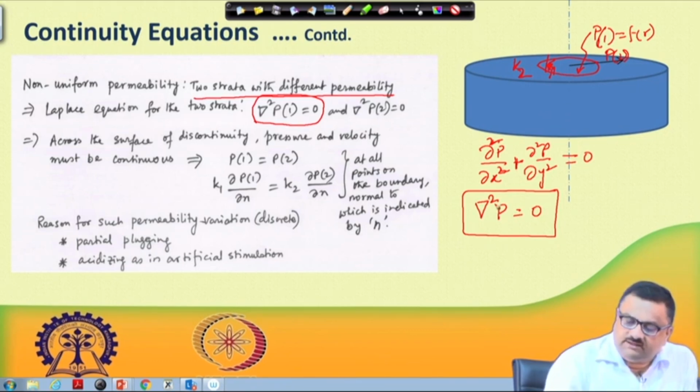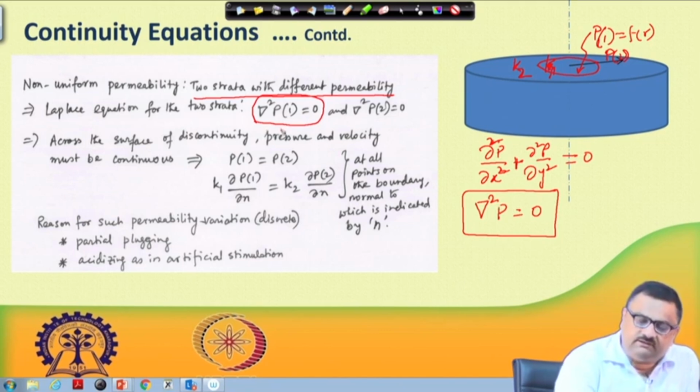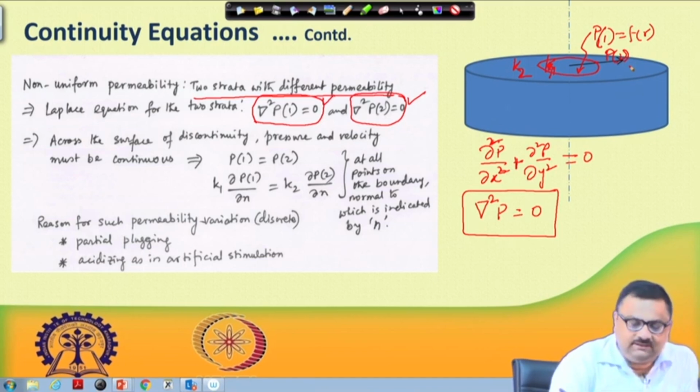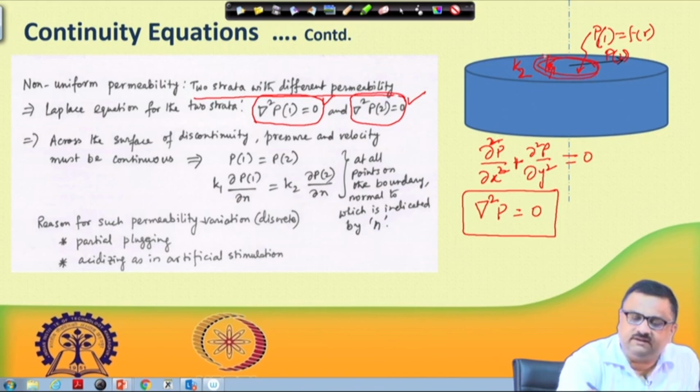So, basically now we have to satisfy the Laplace equation for P1 and the Laplace equation for P2. These are to be satisfied separately. Okay. So, now we have two different equations, one for the inner strata and the other for the outer strata. And further, when you write two equations, they are to be coupled at the surface of discontinuity.